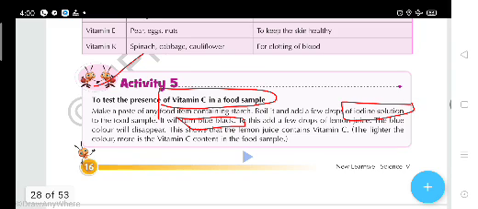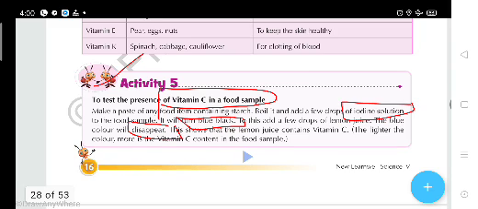To this, add a few drops of lemon juice. Now you have to add some lemon juice in this food, and the blue black color will disappear. The blue black color has disappeared. How did this happen? When you added the lemon, the starch was destroyed, and vitamin C has taken the place of starch.